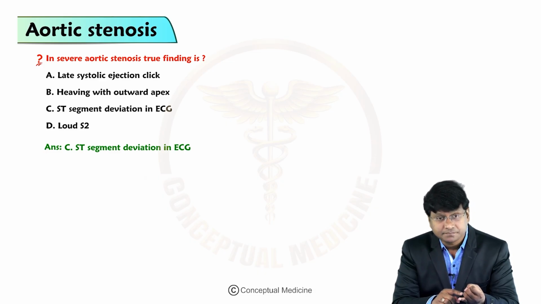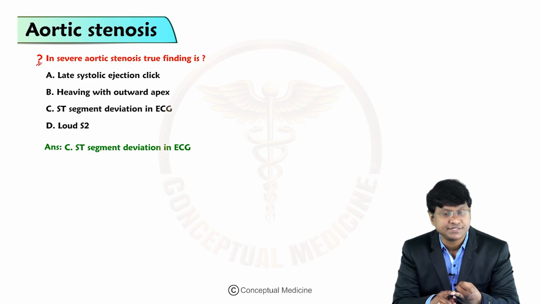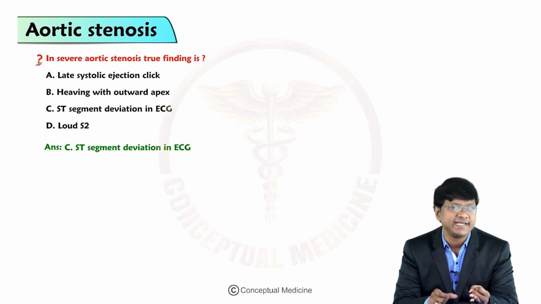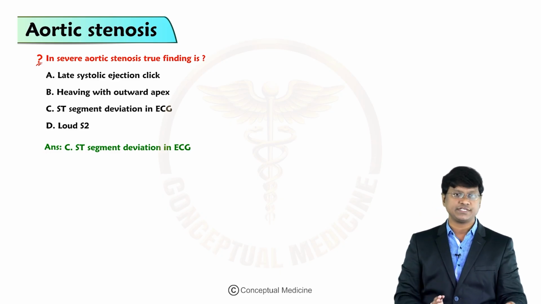Number 3, presence of narrow pulse pressure. The narrower the pulse pressure, the more severe is your aortic stenosis. Then on auscultation, presence of S3 and S4. Then presence of a narrow split S2 or reverse split S2 is suggestive of severe aortic stenosis.